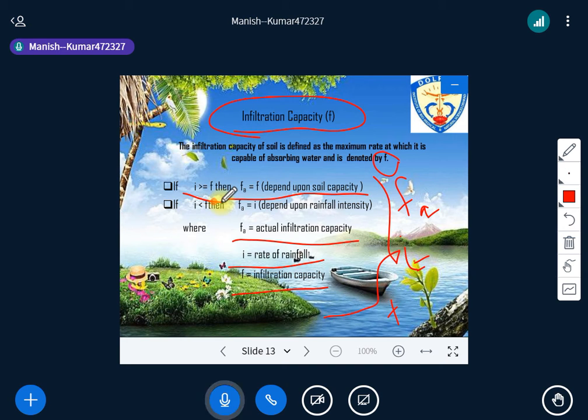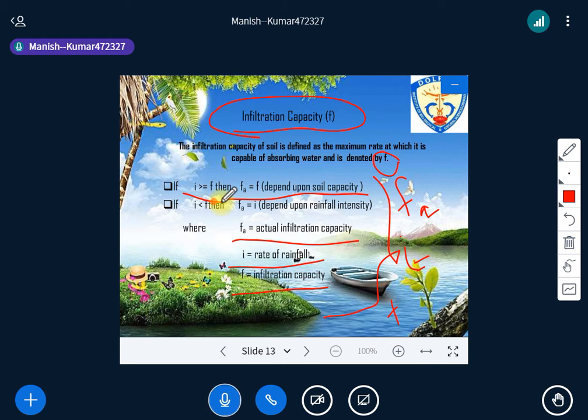If there is more rainfall in a short period of time, just understand this aspect, and that amount of rainfall is either equal to or greater than the infiltration capacity of the soil, it means the amount of rainfall is more than the infiltration capacity. Then what will happen?